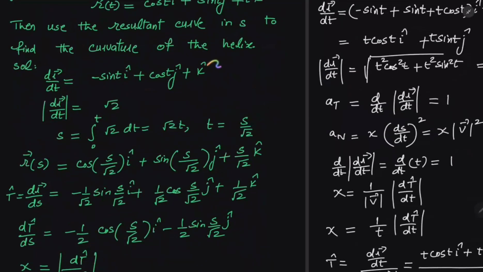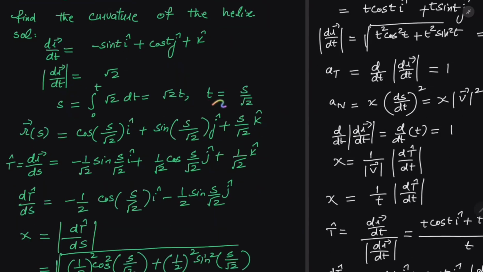So how do we do that? First, you need to differentiate as we did earlier and take the magnitude. Then there is a formula, the integral from t₀ to t of the magnitude of r'(t) dt. So the difference between the length formula and the arc length formula is that it starts with some fixed time, and the upper limit is t.